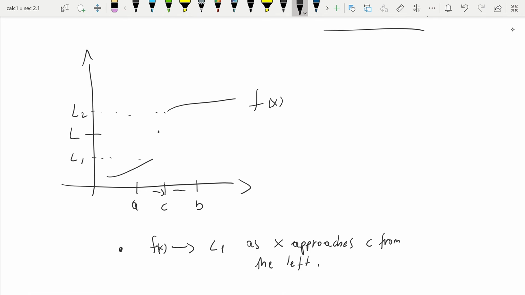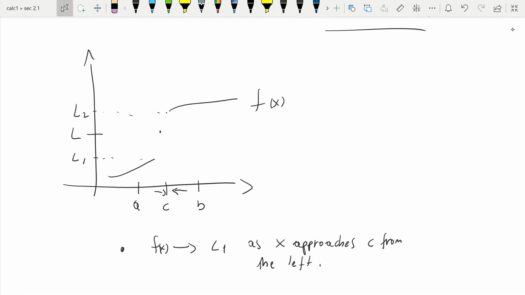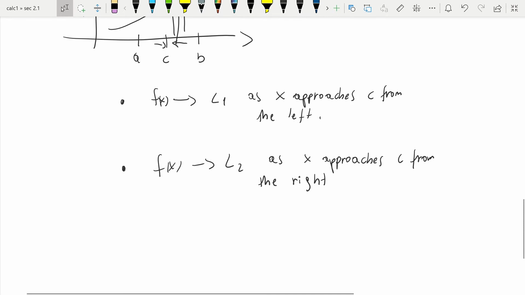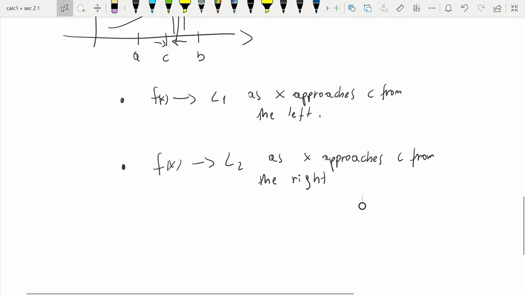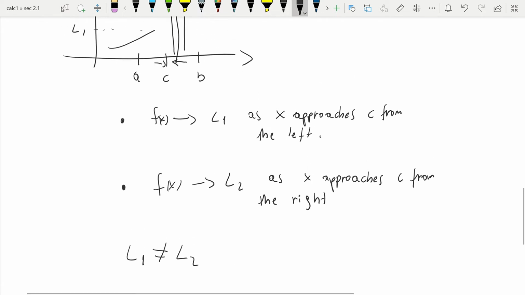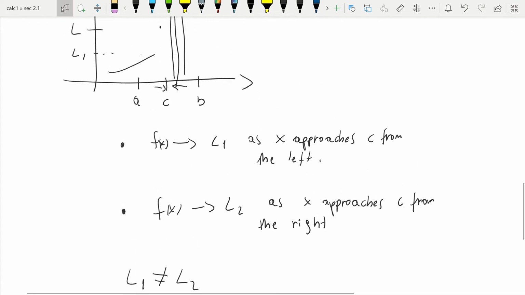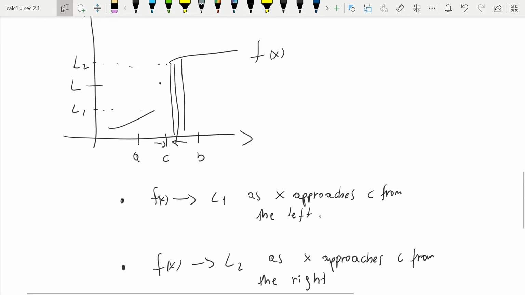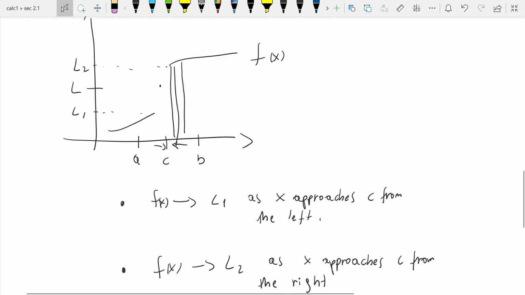So as we move in this direction here, the values of f are getting closer and closer to this value L2. And the problem here is that L2 and L1 are not the same number. So f of x is not approaching just one single number as x approaches c.